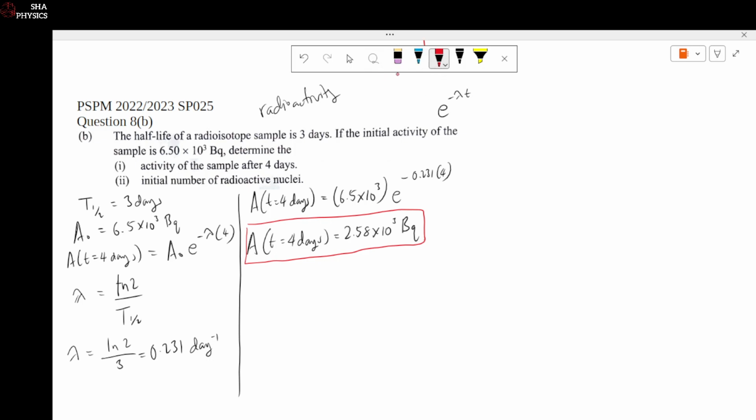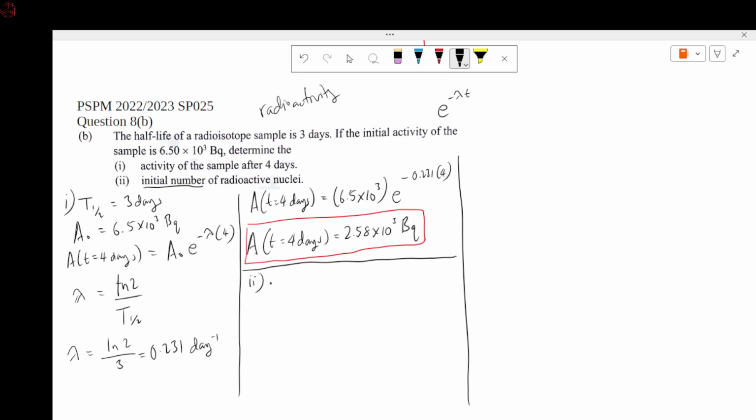Okay, good. Now we want to look at the second question. The second question asks for the initial number of radioactive nuclei.